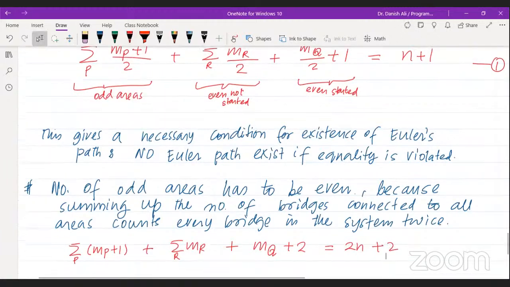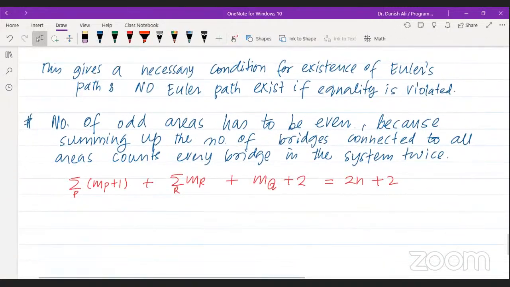Now what is this 2n? It is the number of bridges, the number of all bridges in the system.